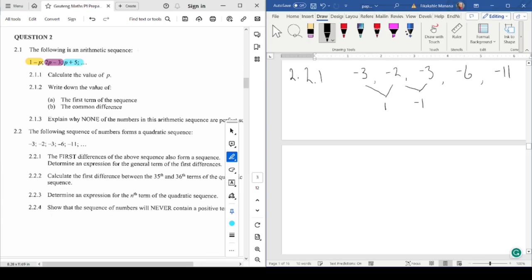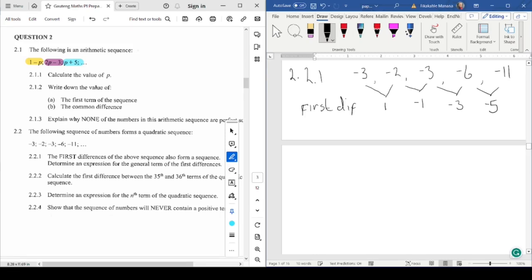Then the next two numbers, minus 6 minus 3, should give you minus 3. And the last one is minus 11 minus 6, which should give you minus 5. Okay, so this is the first difference, right? And it forms a sequence.